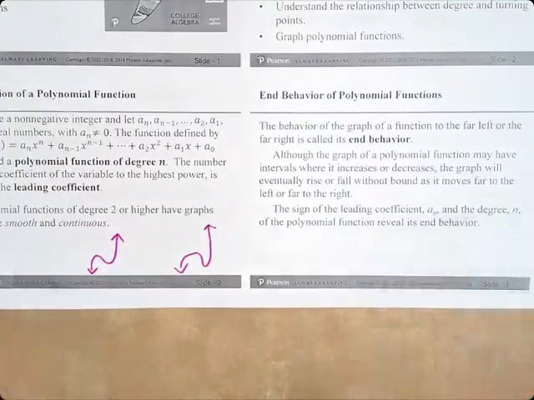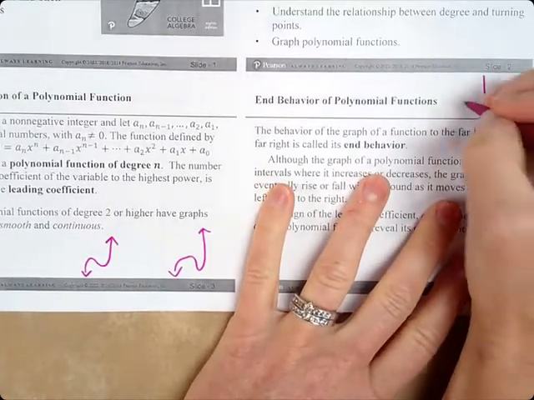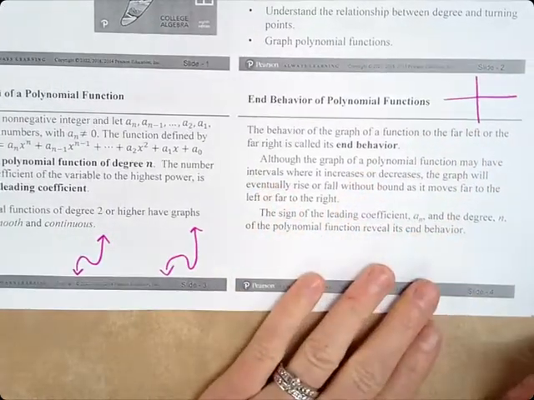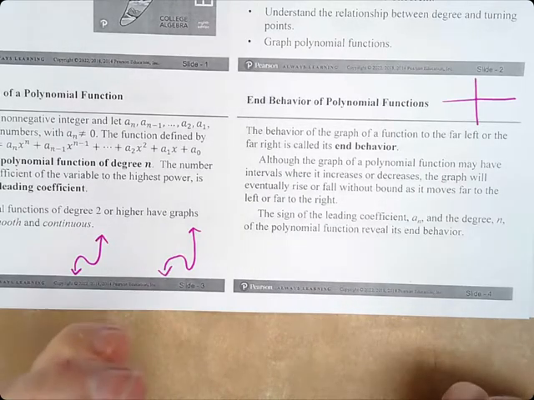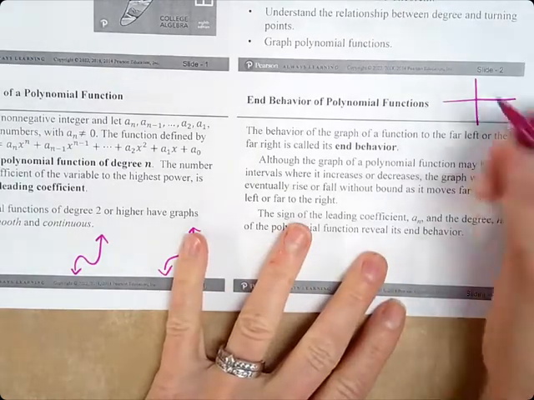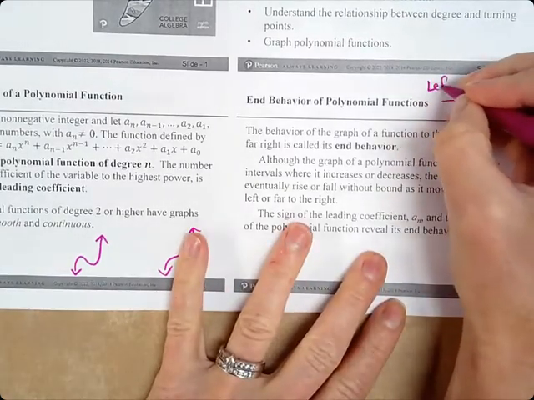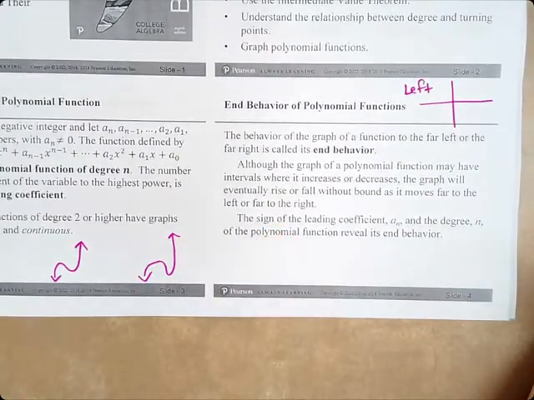The end behavior is how does it go to the left and how does it go to the right. So whenever I look at a graph, I'm going to decide whether it goes up, up, down, down, or up, down. So it's how it goes to the left. Does it rise or does it fall? So if it rises, it goes up.